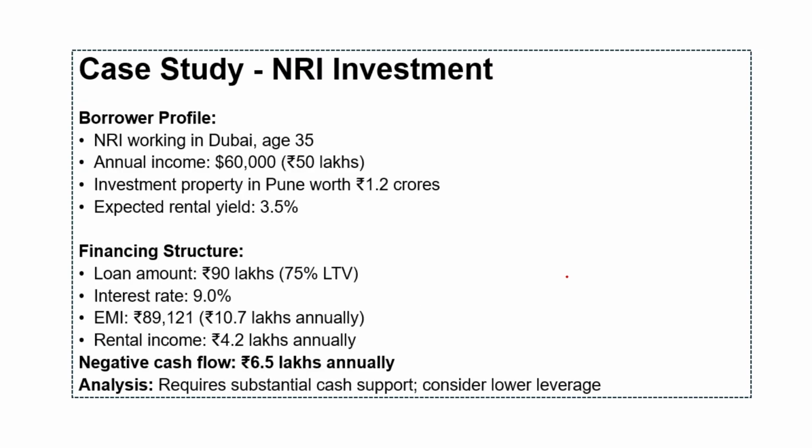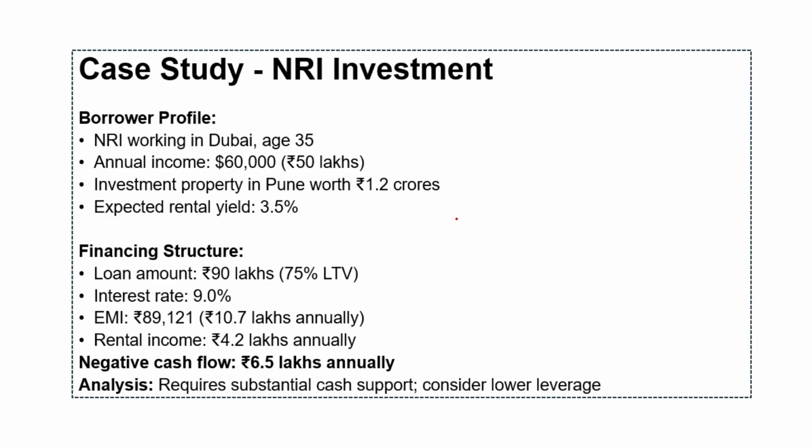Another case we have is of NRI investment. So here we can see that we have different options, and we can assess the complex financial dynamics of overseas property investment and the importance of comprehensive flow analysis.